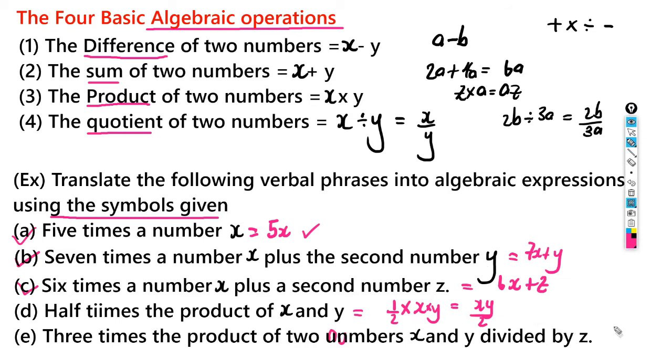And this one is actually really easy. The product of two numbers x and y, so that's xy divided by z, and that's the answer for the last one.